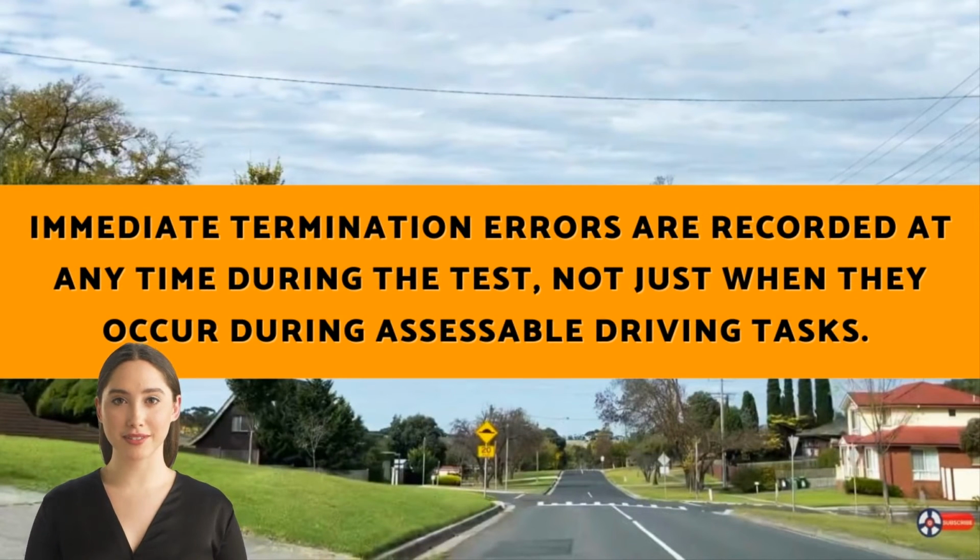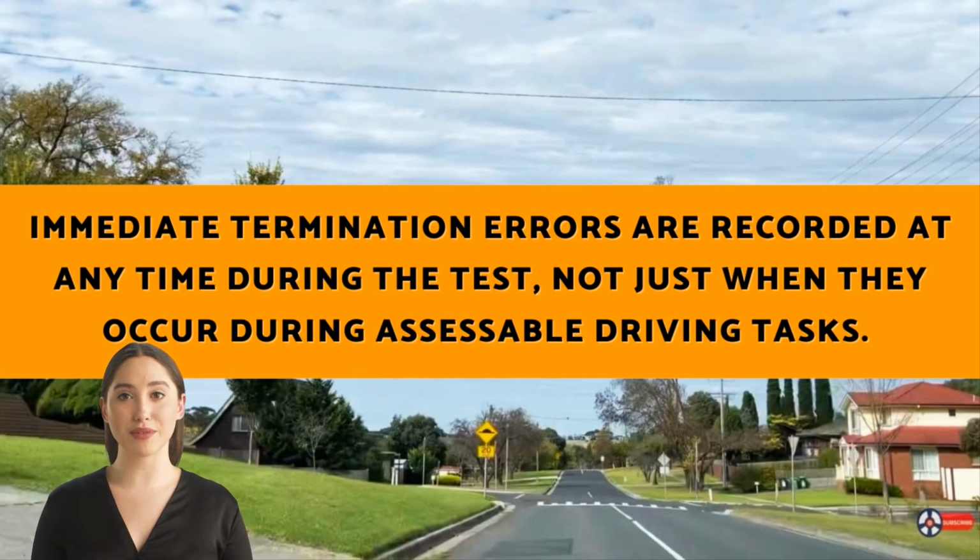Immediate termination errors. Immediate termination errors are recorded at any time during the test, not just when they occur during accessible driving tasks. An immediate termination error is a driving action that causes another road user to take evasive action, causes immediate danger to road users or property, and increases the risk of a collision if the LTO or instructor does not intervene.